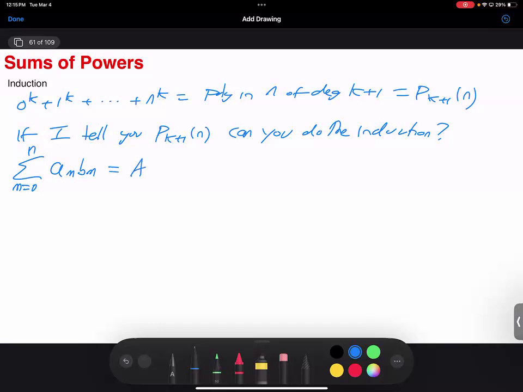Is this A_n b_n minus A_0 b_0, and then plus the sum, m goes from 0 to n, of capital A_m? Is it minus that? Maybe, depending on your sign convention.